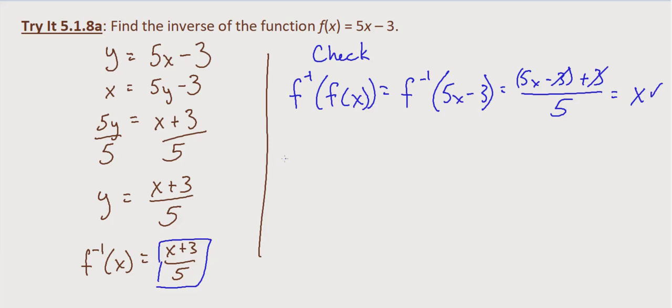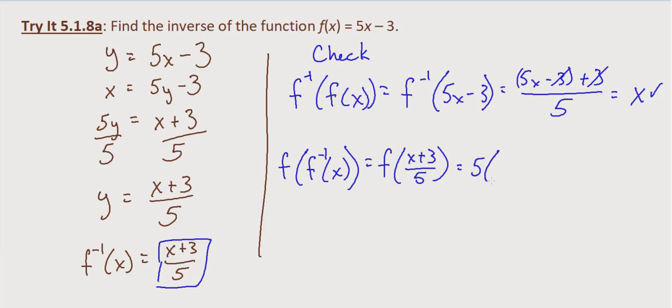Now what about the other way? F of f inverse of x, or at least what we found to be f inverse of x, is f of x plus 3 over 5. So we substitute that for x in f of x. So 5 times x plus 3 divided by 5 minus 3.